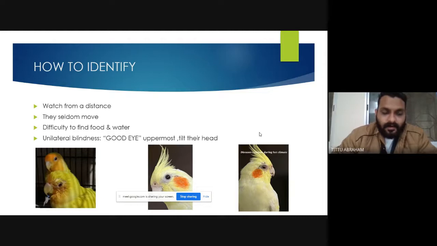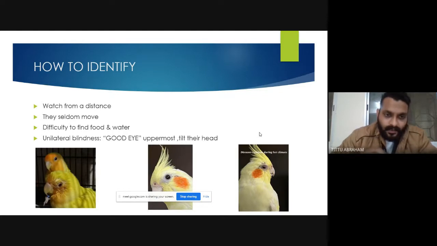If you observe them, they do not move. If they are on a perch, they try to stay on the perch, and they keep their head inside their wings. They will turn their head and keep it inside the wings. If the eye is affected, it will be difficult for them to find food and water.